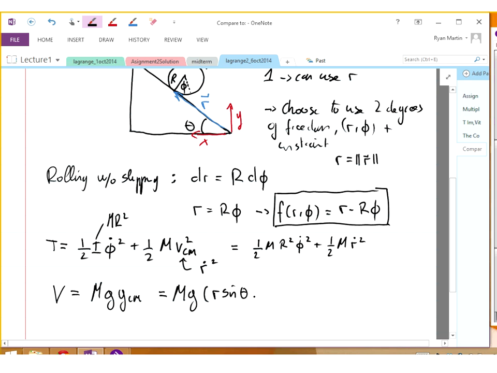And then there's going to be a constant offset, and we'll call that k. That's the offset from the center of the hoop to the contact point. And so that's just constant, right? It doesn't matter where the hoop is along the inclined plane. The center of the hoop is always going to be vertically offset by the same distance from the point of contact. Yeah, isn't that just the radius of the hoop?